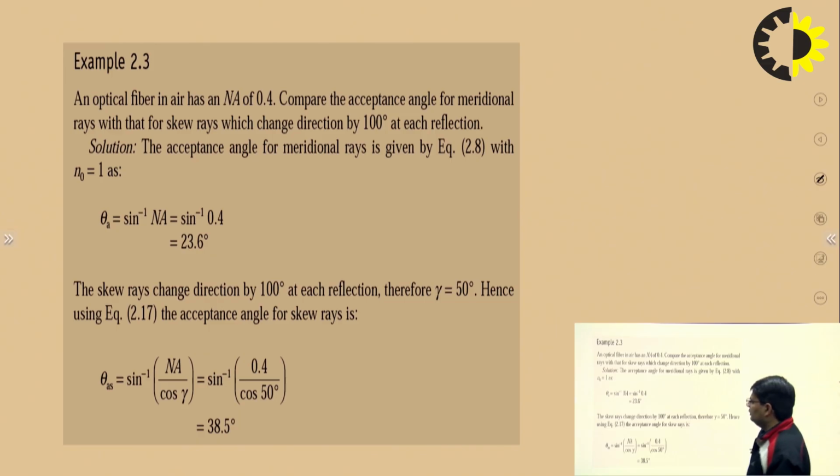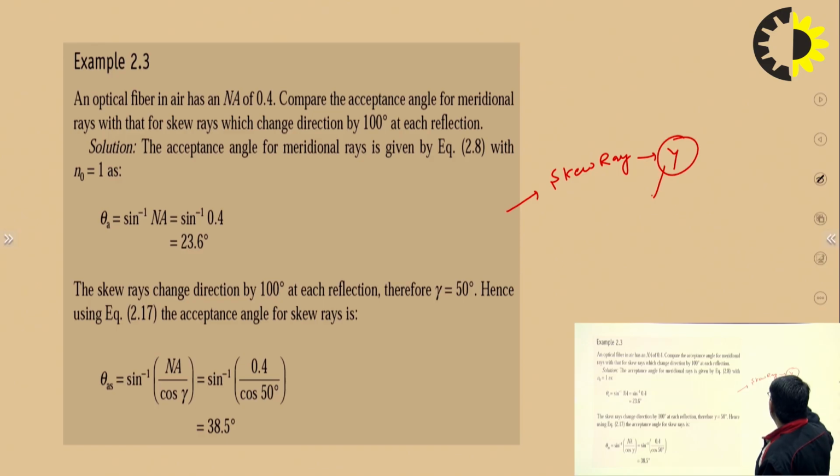This is the numerical for comparison purpose. As discussed, anything for the case of skew ray can be represented in terms of angle gamma through the factor cos of gamma.